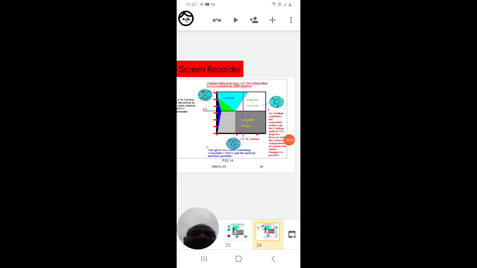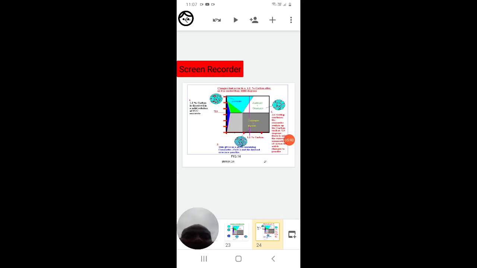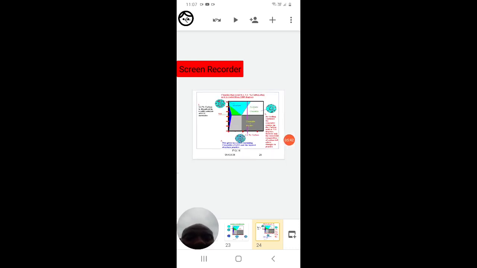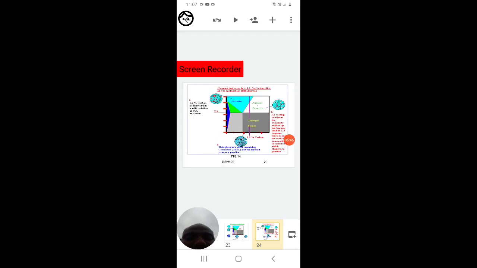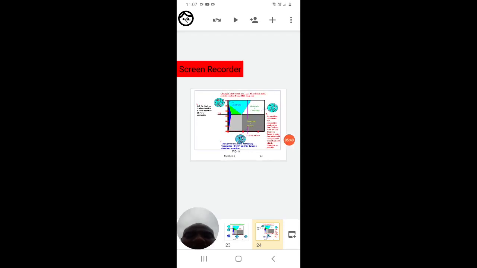As cooling continues, the cementite soaks up the carbon until at 723 degrees centigrade there is only eutectoid composition of carbon left, which changes to pearlite. Next you will see the pearlite. It gives the steel containing cementite Fe3C in the layered structure of the pearlite.